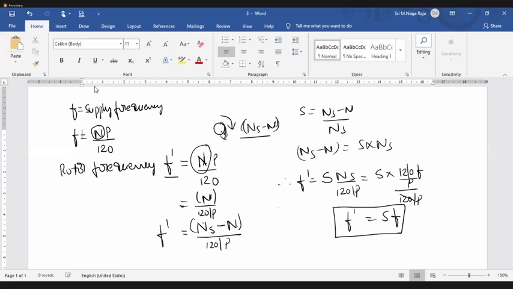So rotor frequency equals slip times the stator frequency. You can note it down.